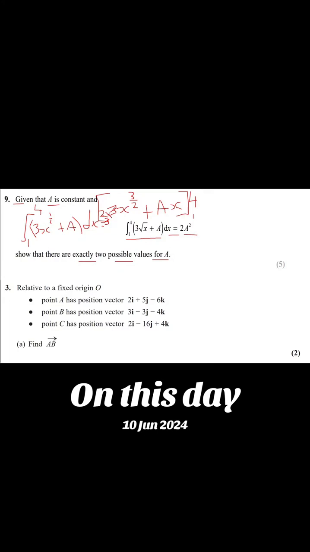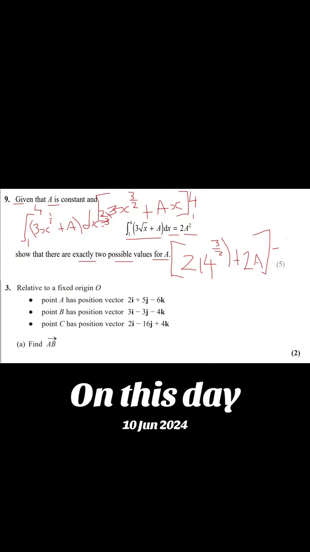So we're going to have 2 lots of 4 to the power of 3 halves, plus 2a, put that in brackets, subtract 2 lots of 1 to the 3 halves.